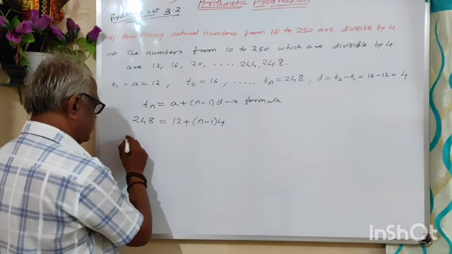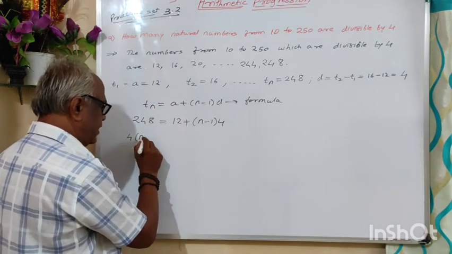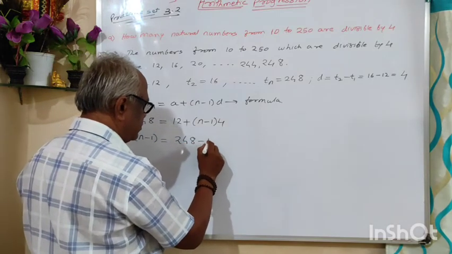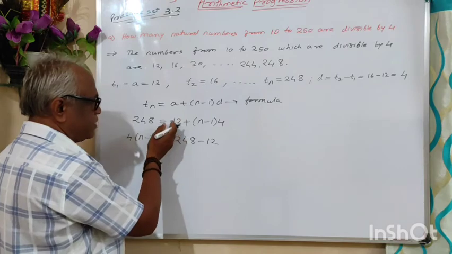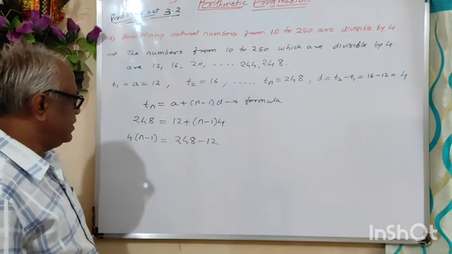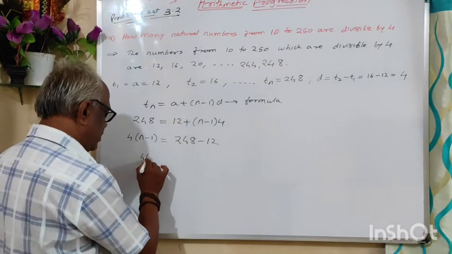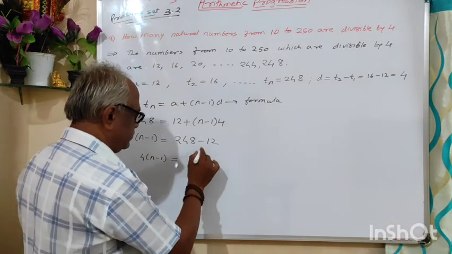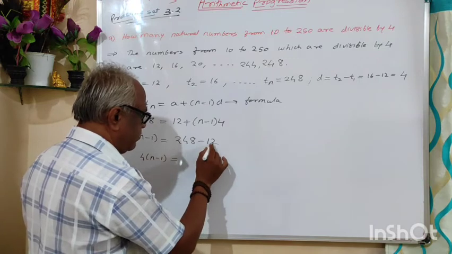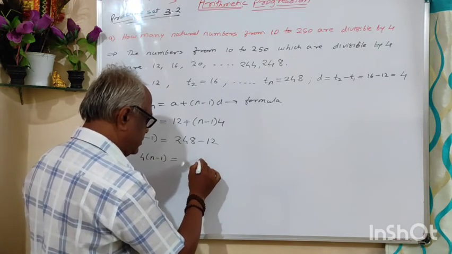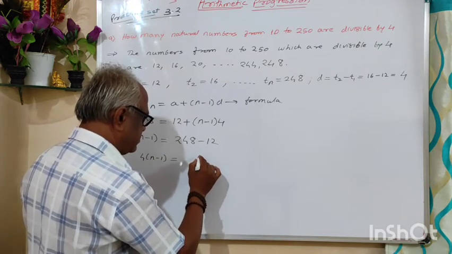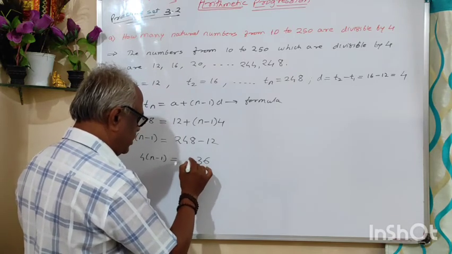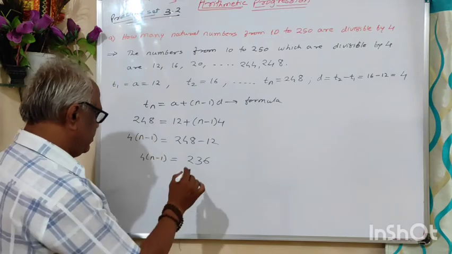That 4 I will write it here now. 4 in bracket n minus 1 is equal to 248 minus 12. The plus 12 shifted to the other side becomes minus 12. So 4 in bracket n minus 1 is equal to 248 minus 12, that is 236.